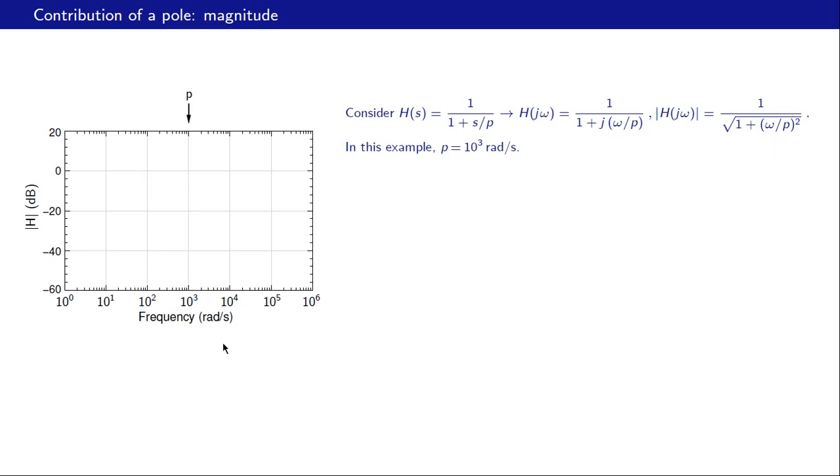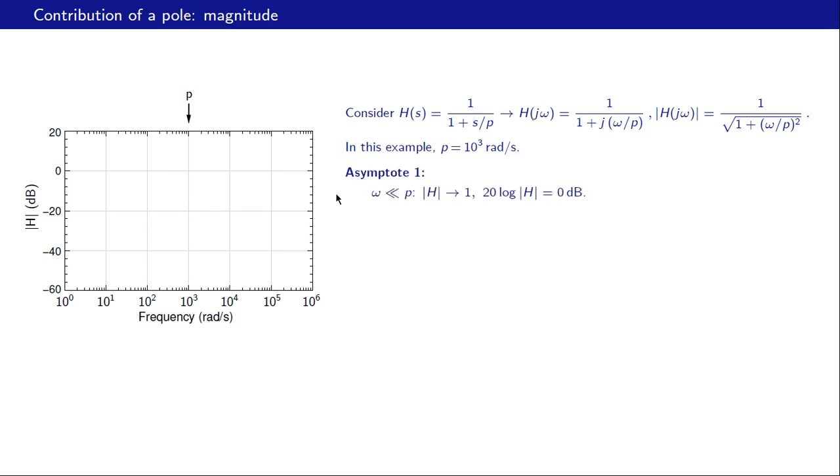We now want to plot the magnitude of h as a function of frequency, and as we said before, we will plot mod of h in dB on a linear scale versus frequency on a logarithmic scale. For reference, let us mark this magnitude of the pole, which is given by this positive number p over here, and that is 10 raised to 3 radians per second.